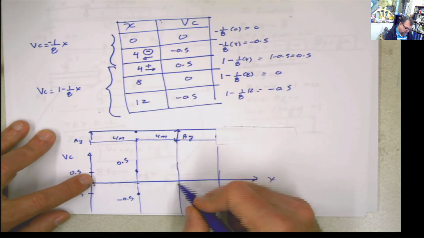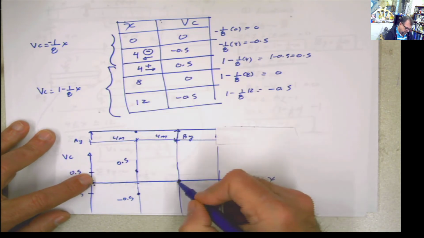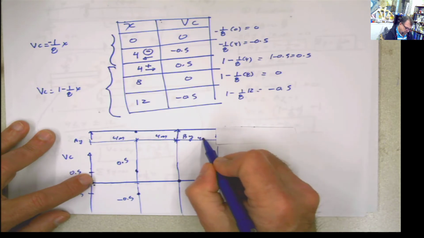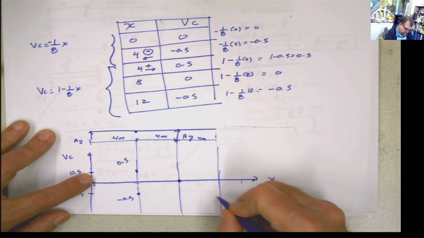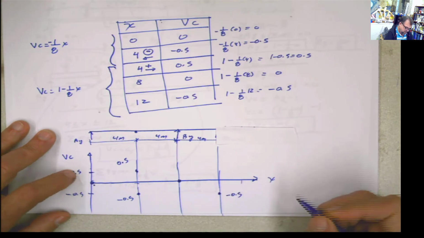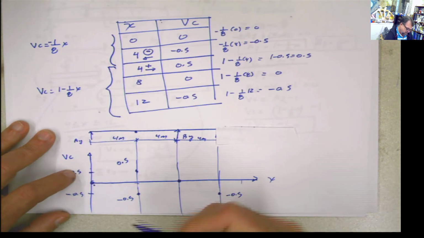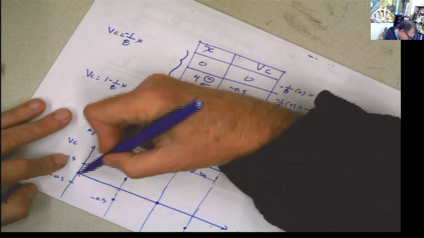Now, when x equals 8, this is 0. And when x equals 12, you are at the other end of the spectrum here, and the value here is negative 0.5. So that means that your shear influence line is going to be something like this.